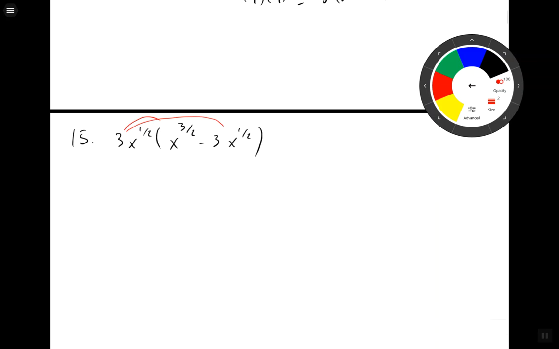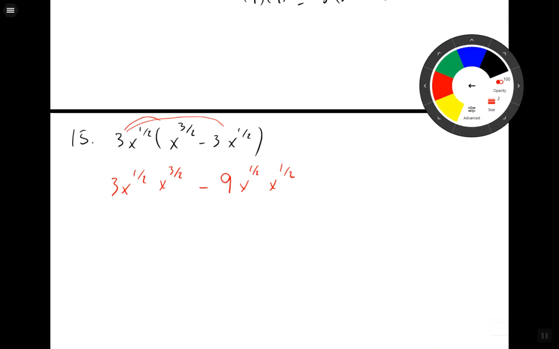Let's see what happens when we do that. What are we going to get? We're going to get 3x to the 1/2 times x to the 3/2 minus 3 times 3 is 9, right? X to the 1/2 times x to the 1/2. What do we do with powers when we have the same base and we're multiplying? What do we do with their powers? Add them, right?